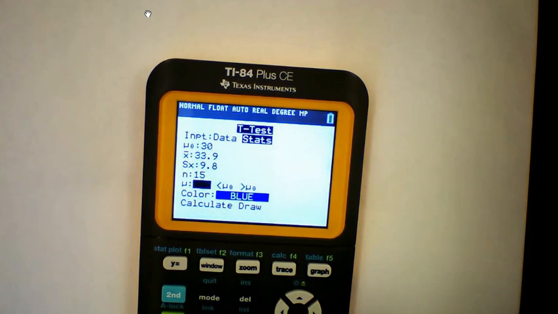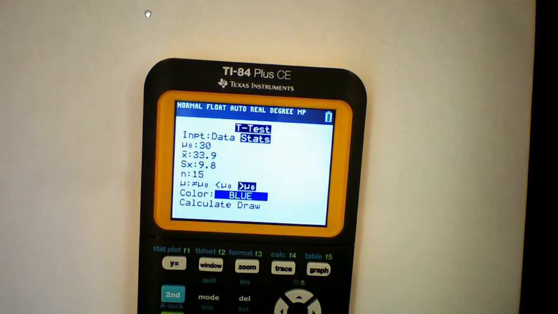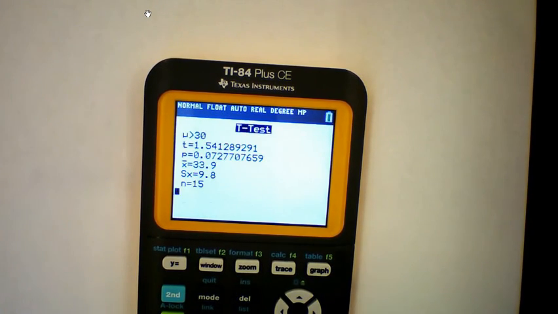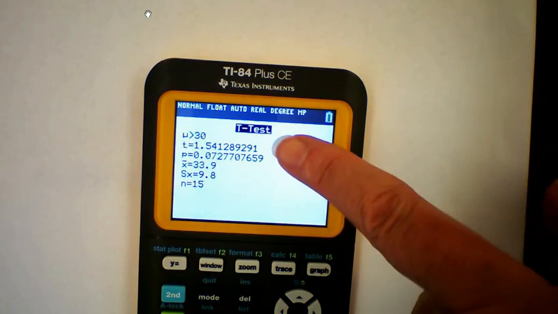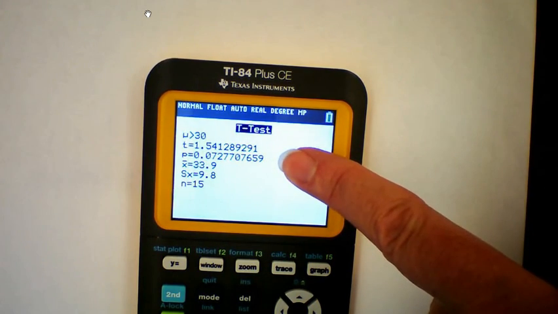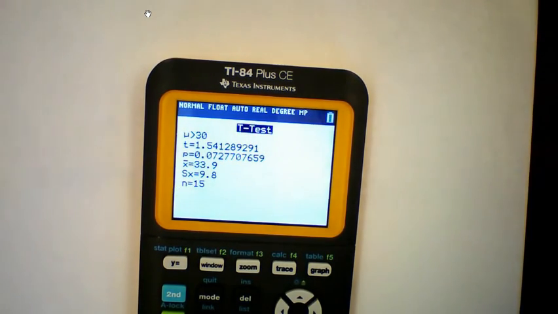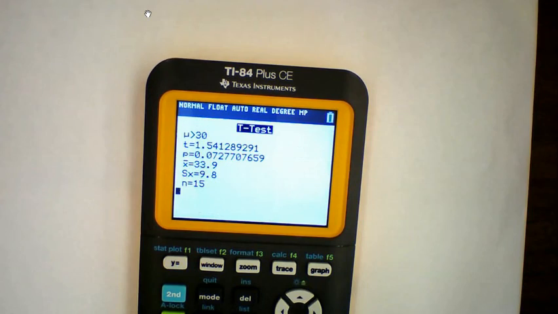And then I am looking for only the upper tail test, so I'm going to do that. I could calculate, and I could even hit draw if I wanted to see it, and you can see that it comes out with the same t-test and the same p-value that we just found. So make sure you always check your answers using the calculator.